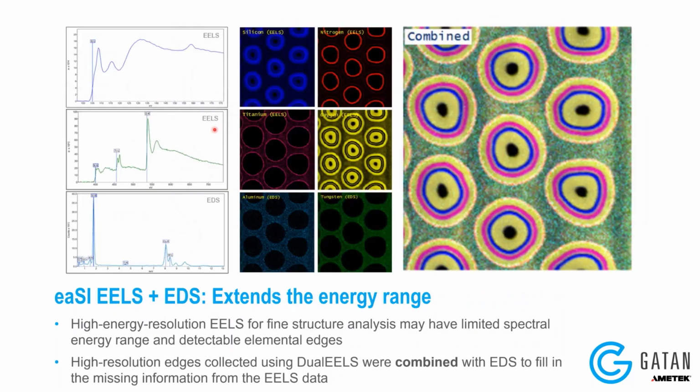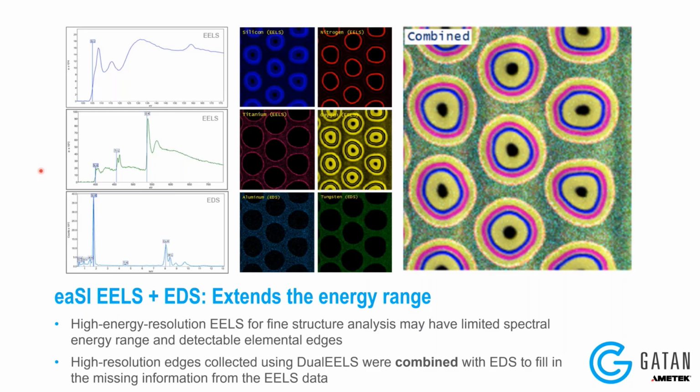Here is an example where we have combined EELS and EDS using the EASY technology. As you know, when you're collecting EELS spectrum image data sets, in order to get high resolution energy edges, you might have to select a dispersion which does not allow covering a very large range of energies on the detector that you're using.